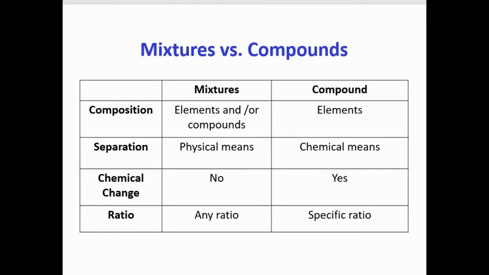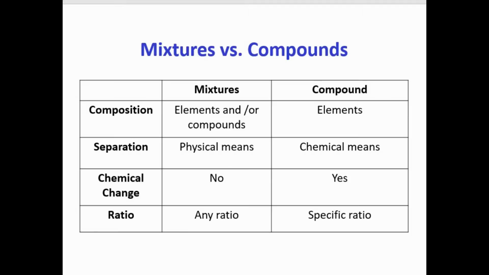Let's compare mixtures and compounds. Let's first talk about their composition. Mixtures are elements or compounds, and they are mixed together. There is no chemical reaction taking place. Compounds, on the other hand, are made of elements that have chemically reacted to form a new compound. Mixtures can be separated by some sort of a physical means.